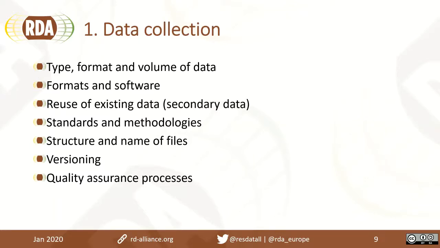In this part of the data management plan, you list all these types and formats of data. And if you know, you can also say what the expected volume of data is. In a lot of research, the volume of data is not very big, but in some cases there might be a lot of data, a lot of space, and that's an issue also for resources. So it's good to know this in advance.